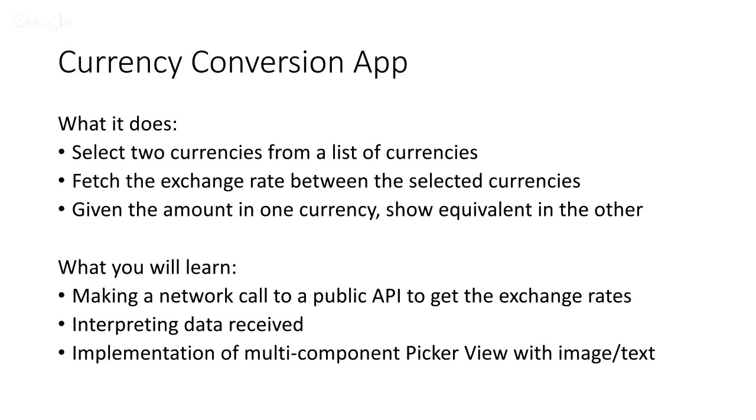So what this app will do is, given two currencies, we'll make a list of currencies, and the user will be allowed to choose any two of them. So this app will make a network call to a public API, fetch the prevailing exchange rate from that service, and given the amount in one currency, it will convert it into the other currency.